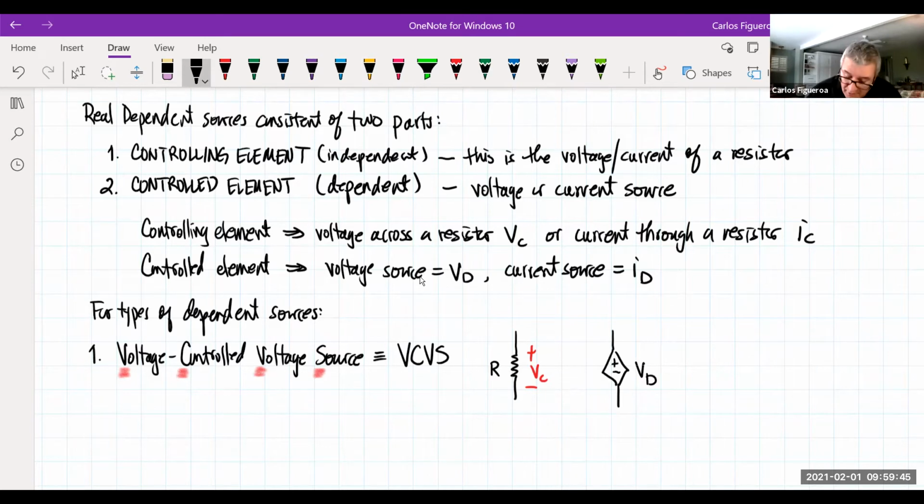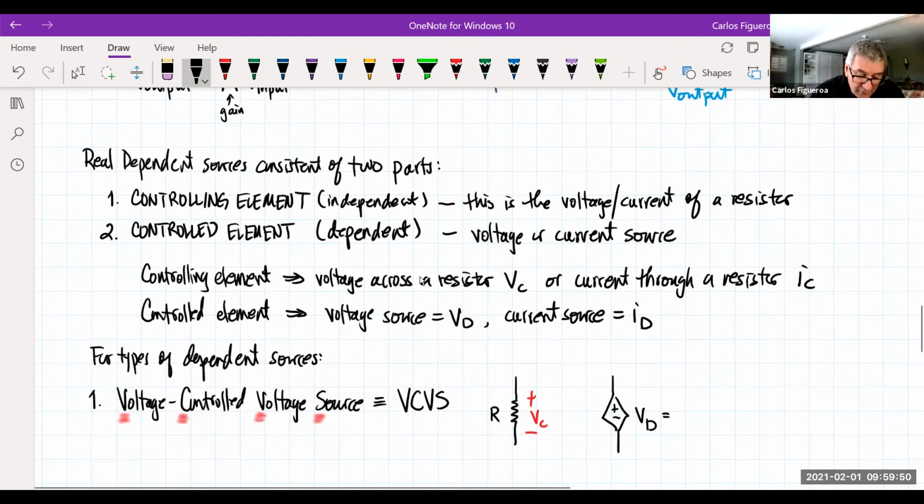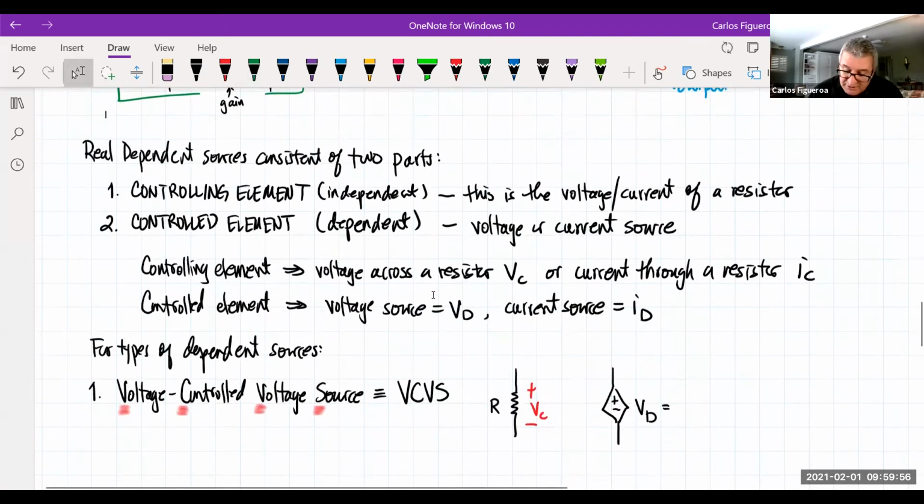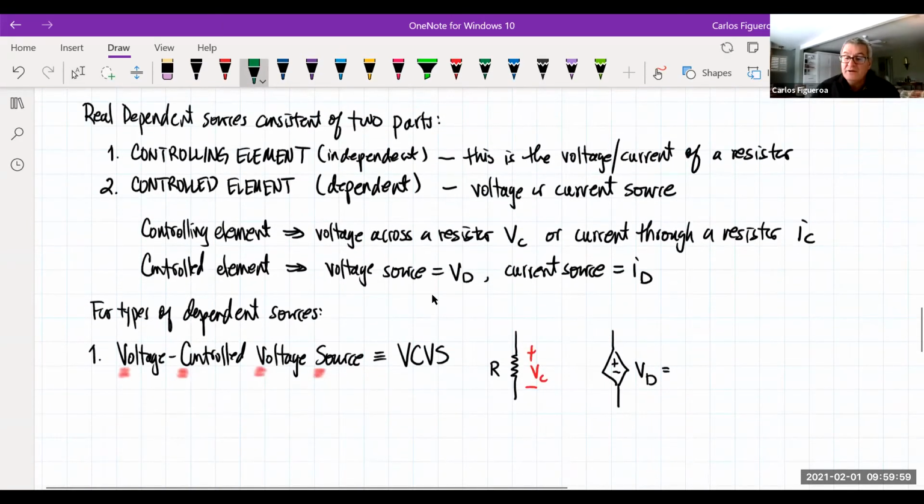So what do I find? I find that this guy, according to what we drew up here, the output and the input, you're going to see that this VD is then going to have some type of proportionality constant. And in this case here, you're going to see that this is the controlling voltage. So the value of this dependent voltage source has some scaling factor A1 and VC.